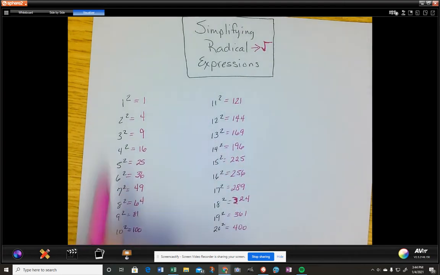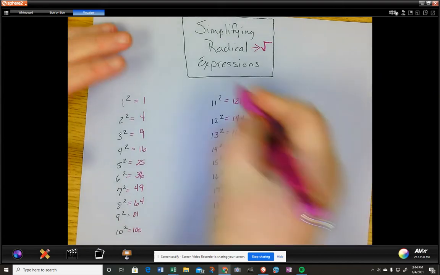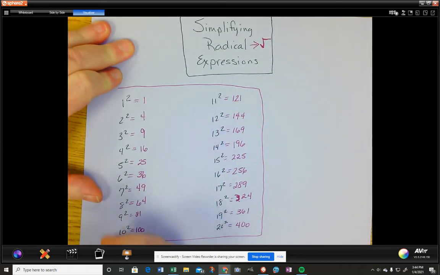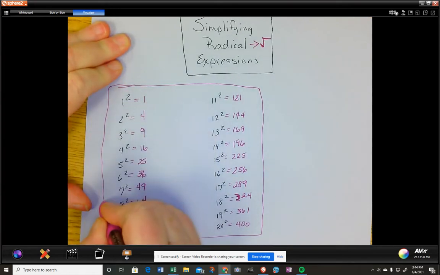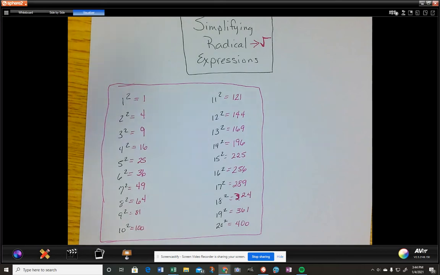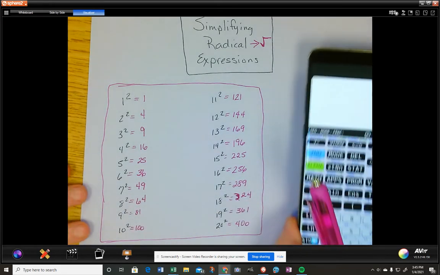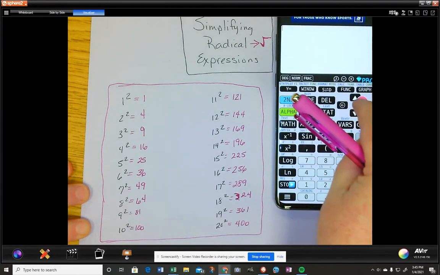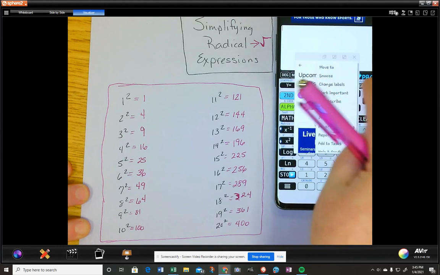So we have our list of perfect squares. We're going to put a box around those. We're going to use them. If you have your cell phone and your calculator, I'm going to pull up Calc 84.